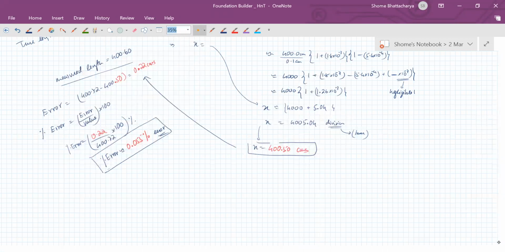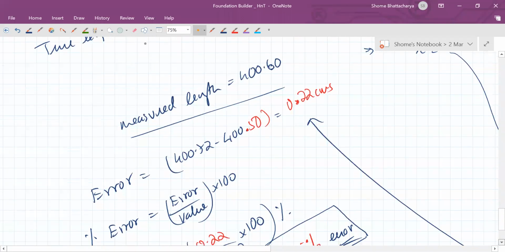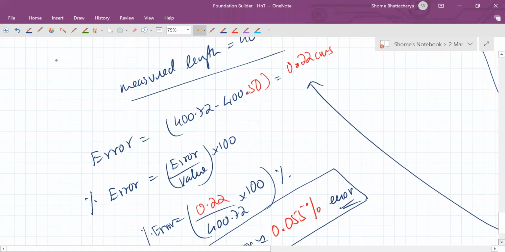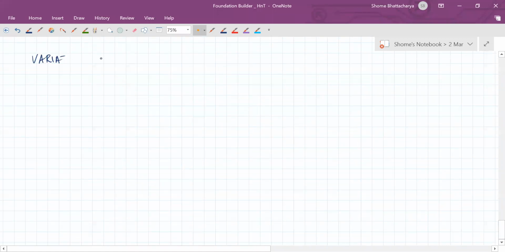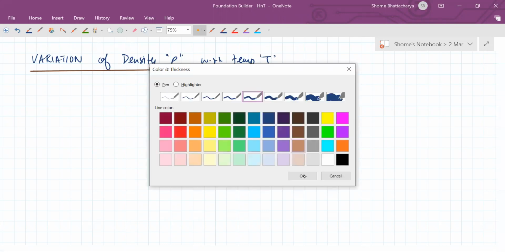Okay, next thing we move on to in thermal expansion is the concept of variation of density, which we will denote with the symbol rho, with respect to temperature, capital T. So we know that density is mass upon volume.